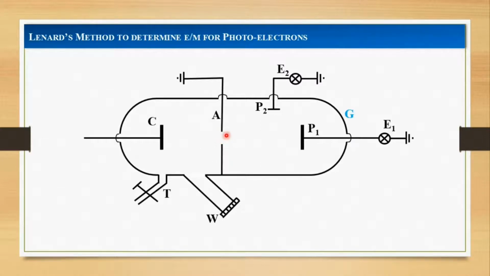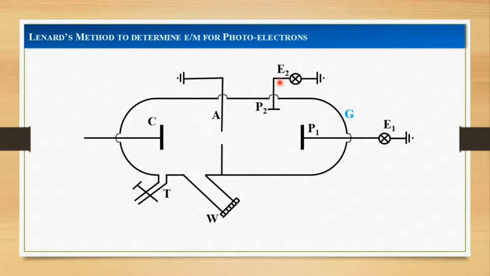Also, it consists of a quartz window W, through which ultraviolet light is incident on the cathode. Then it also consists of two plates P1 and P2, which are connected to electrometers E1 and E2 respectively.